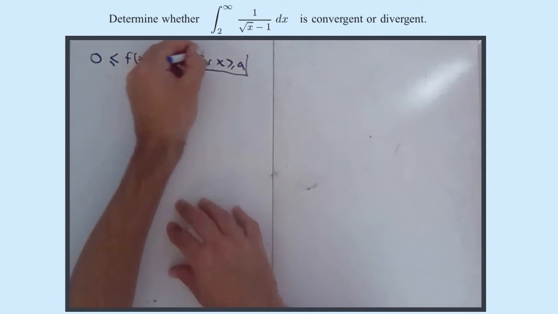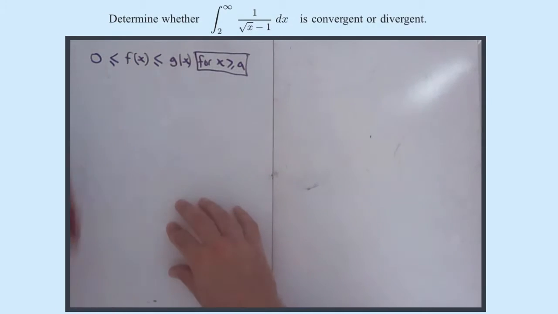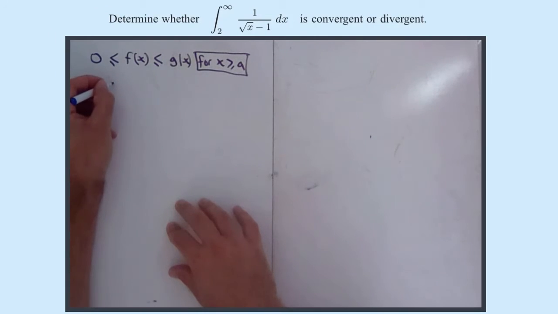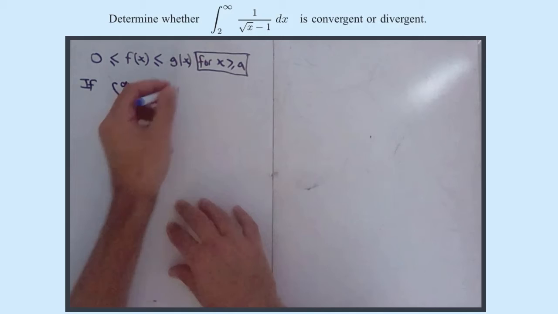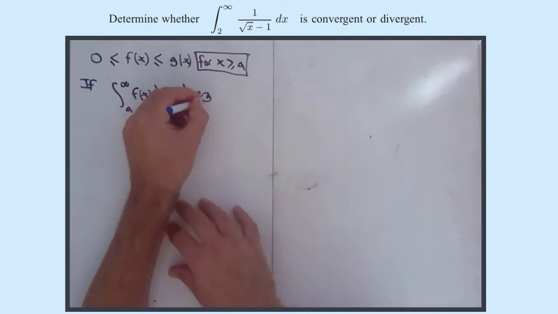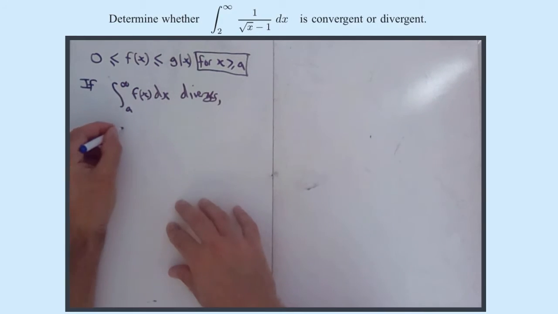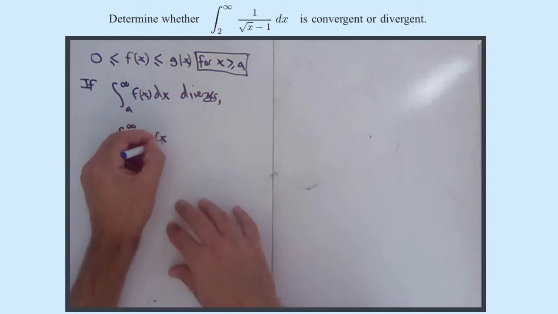If you can get a situation like that, then the comparison test says that if the smaller one, the integral between a and infinity of f of x dx, diverges, so will the big one, the integral of g of x dx.